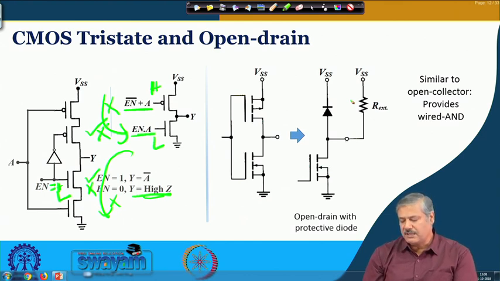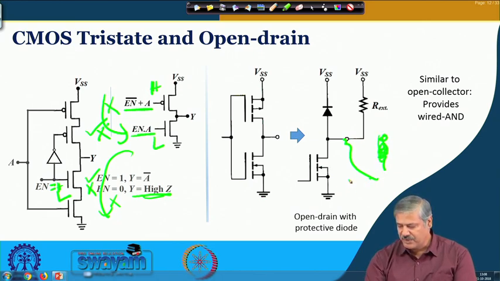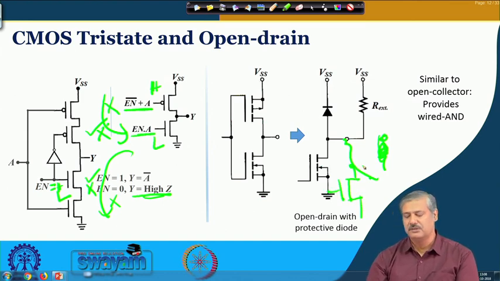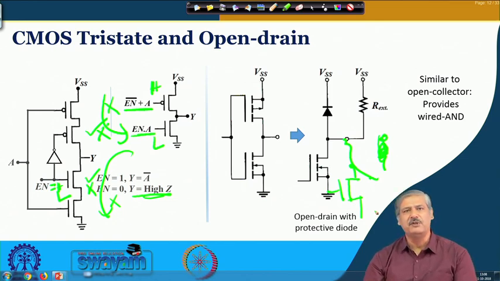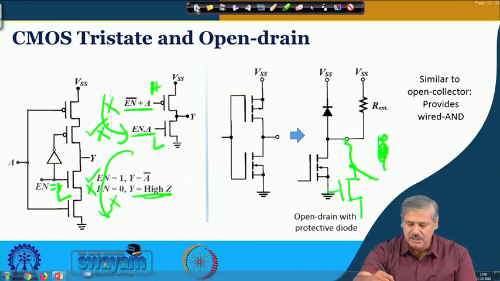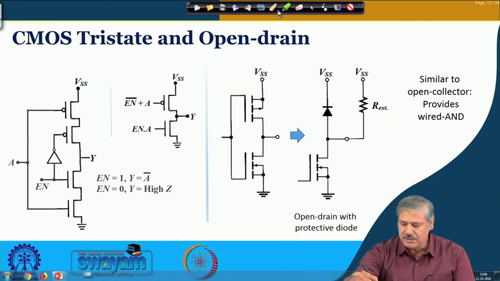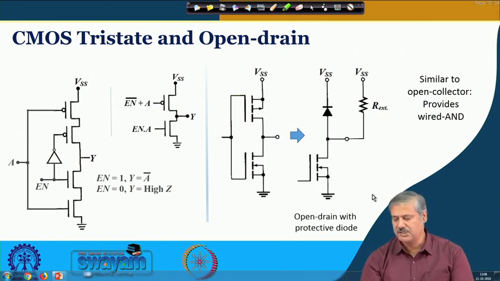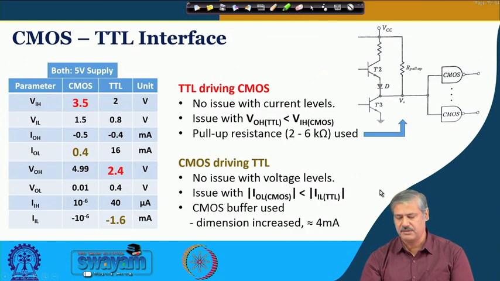And another such circuit is connected over here, okay. So, then the logic together is providing wired AND similar to open collector. So, this is what we take note of from this particular discussion.